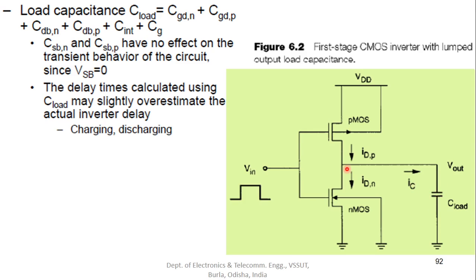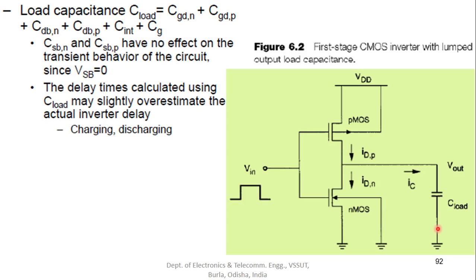We know the operation is complementary in nature, so when the PMOS is on, the NMOS will be off at the same time. So there will be no connecting path between this terminal and ground, and the only path available for the load capacitance is this one. The power supply will charge up the load capacitance via this path.